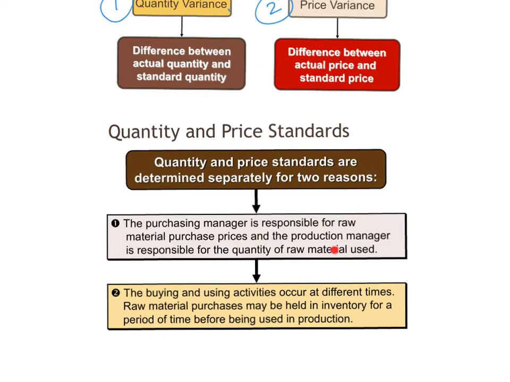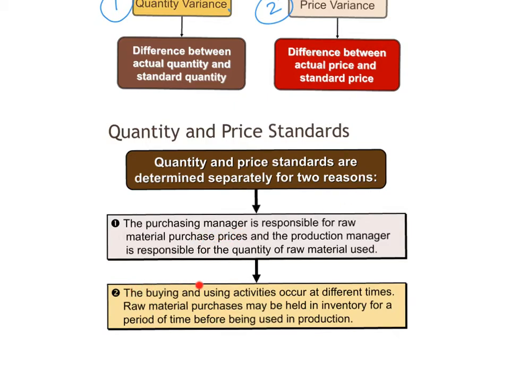On the other hand, the quantity is the responsibility of the production manager. So we have two different parties here, the purchasing manager and the production manager. Then who will be at fault when there is a material variance?